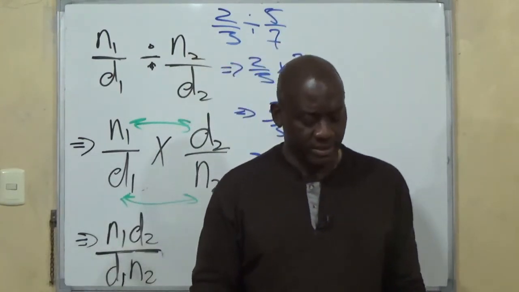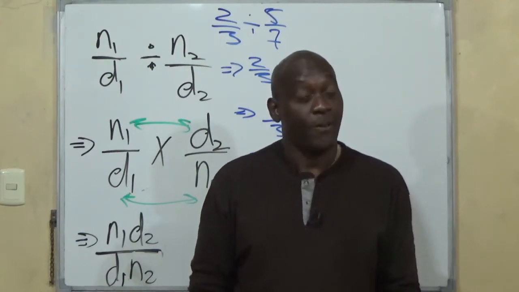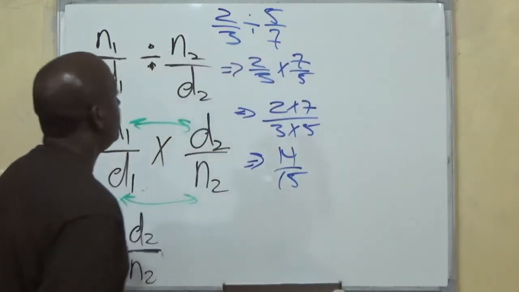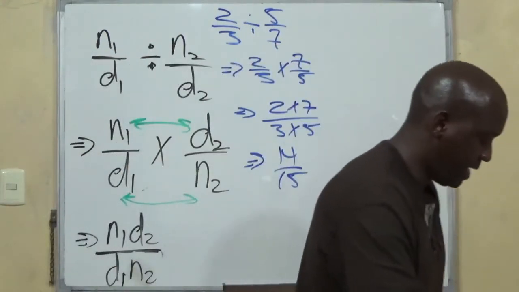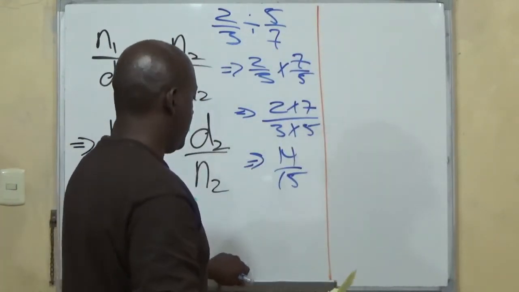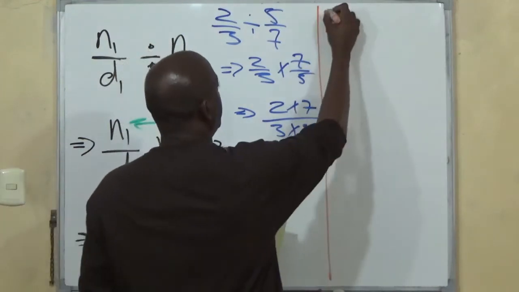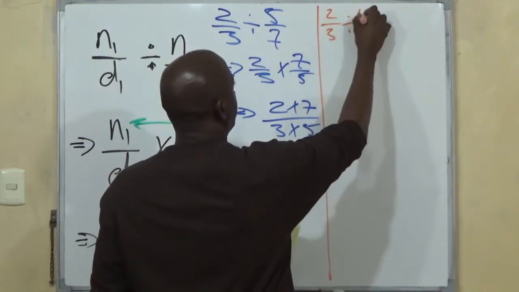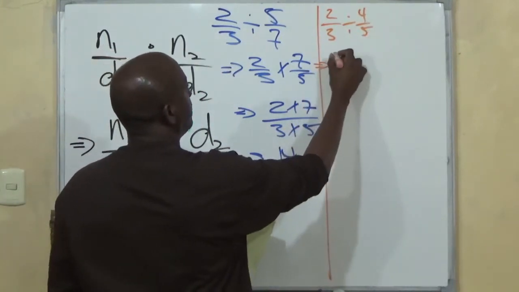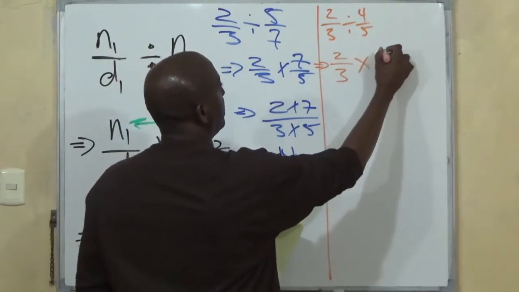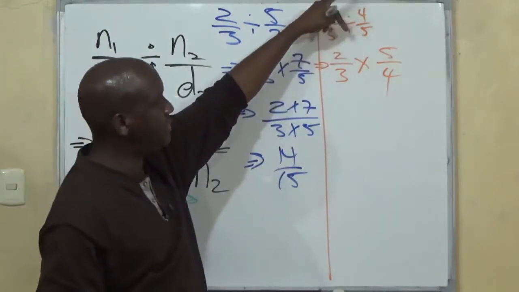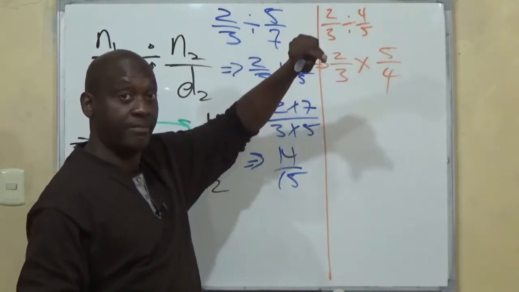And of course, life is going to get nicer when you have situations where you could cancel, just as we had in multiplication. So next example, if we have 2/3 divided by 4 over 5, that would be 2 over 3 multiplied now by 5 over 4, because you have to reciprocate the fraction that you're dividing by.